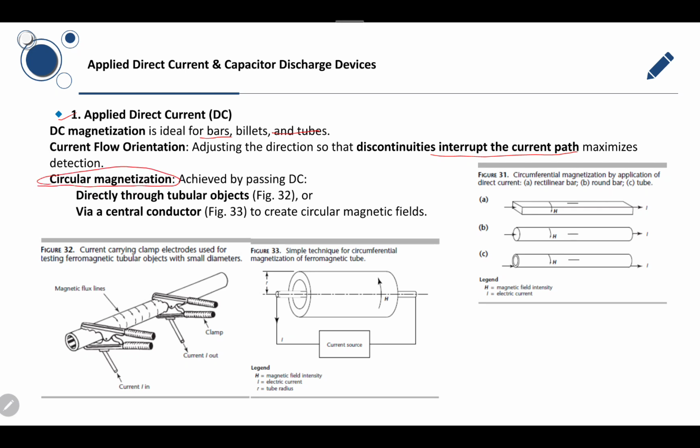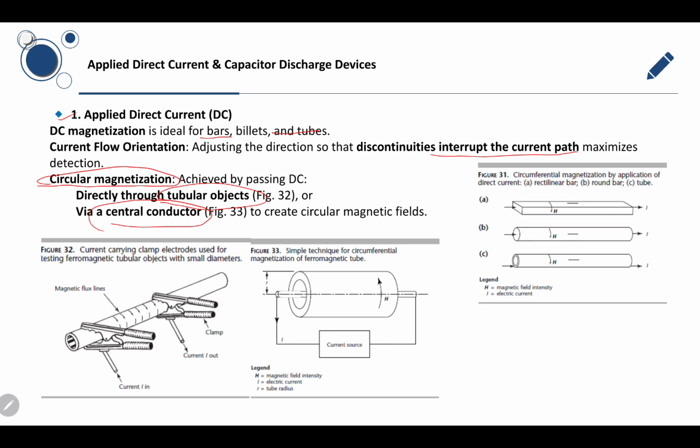Circular magnetization is a common application of DC and can be achieved in two ways. First one is by passing direct current directly through the tubular objects. Next one is by using a central conductor through which DC is passed, creating circular magnetic fields around it.